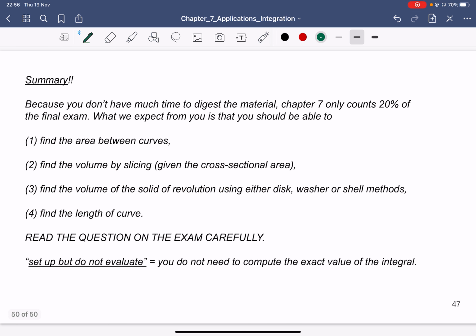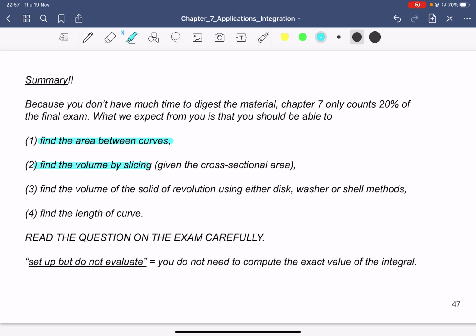So to summarize this chapter, again, one more time, you don't have much time to digest the material on chapter 7, so it's going to be only 20% on the final exam. The content that we learned in this chapter is finding the area between two curves, and finding the volume by slicing.